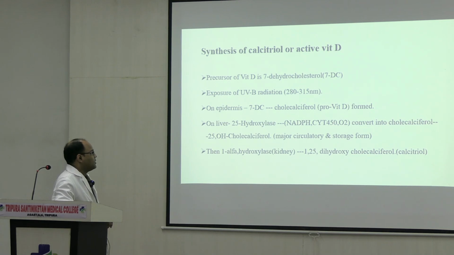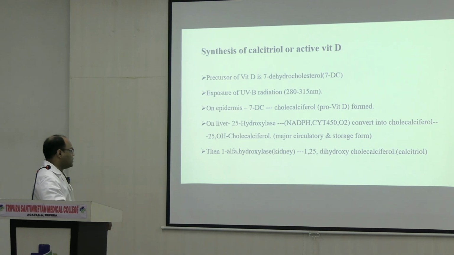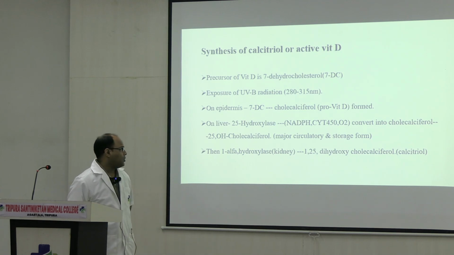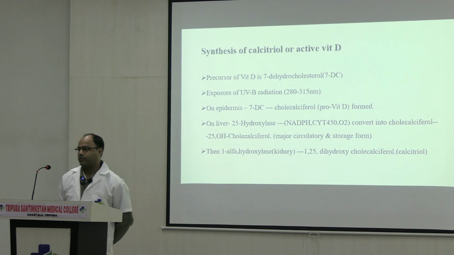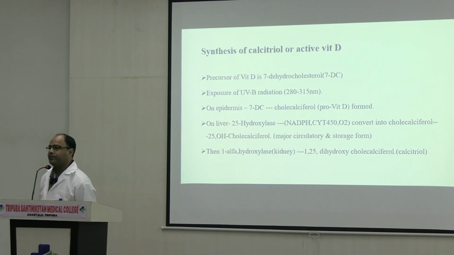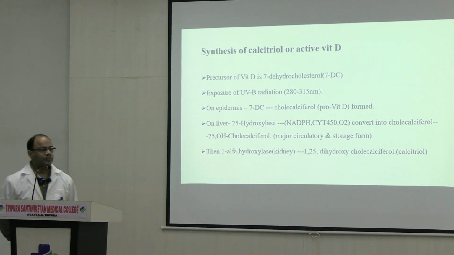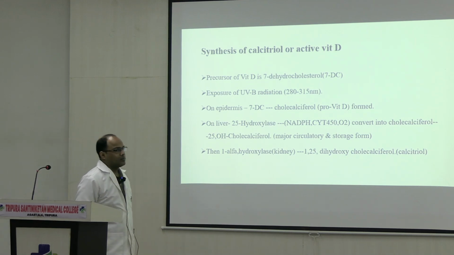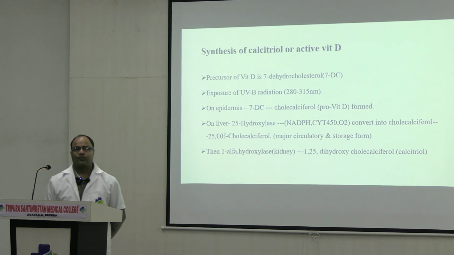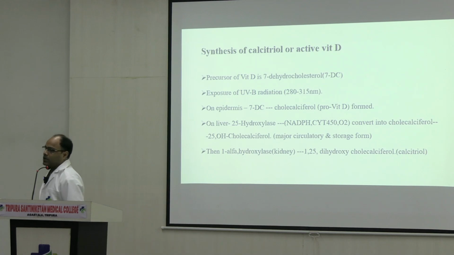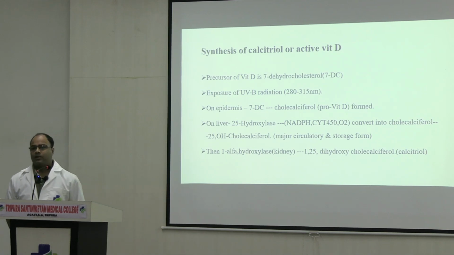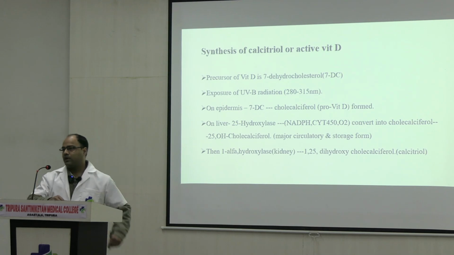That is the major storage and circulatory form of vitamin D. When it reaches the kidney, in presence of the enzyme 1-alpha hydroxylase, it converts into calcitriol, 1,25-dihydroxycholecalciferol. This is the synthesis of vitamin D. Any question? This is a very simple diagram. You must go to the textbook; I am giving you some gist, one brief explanation.